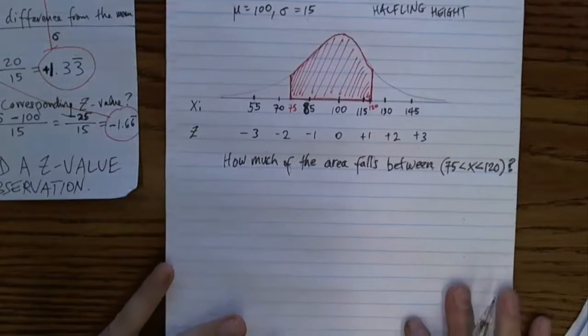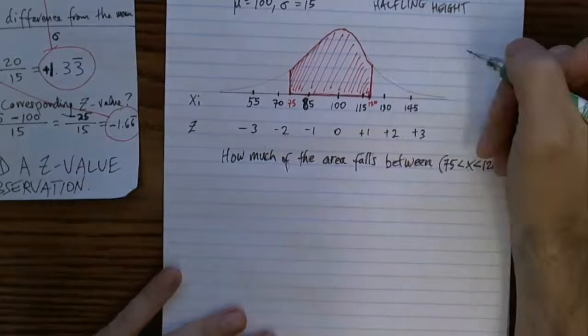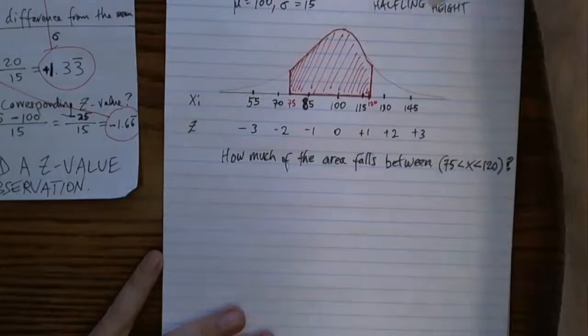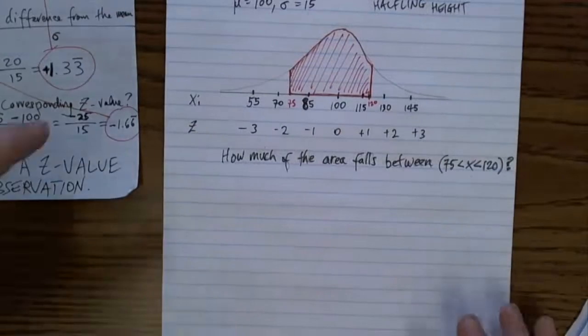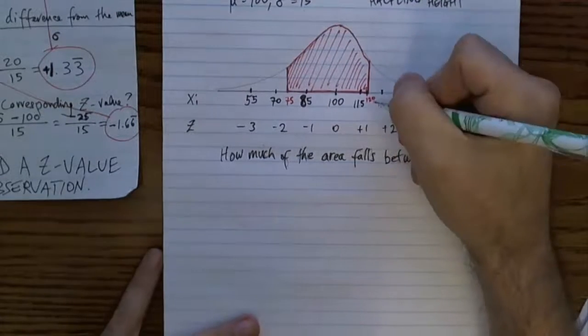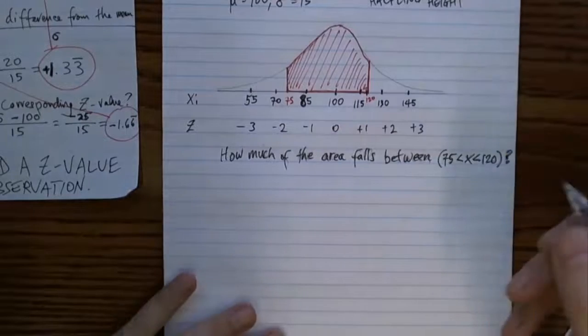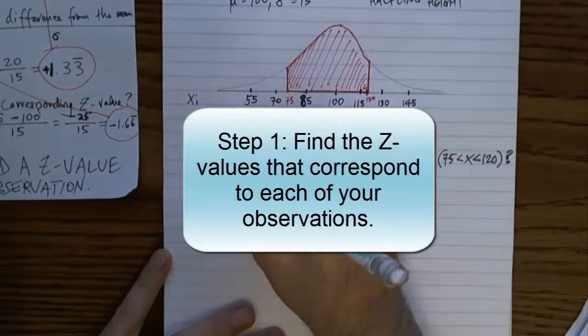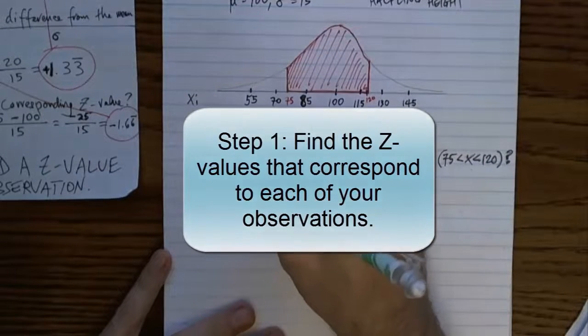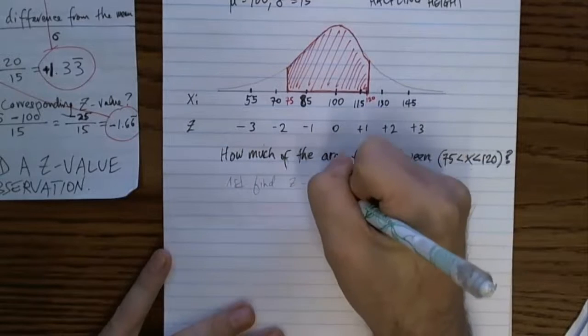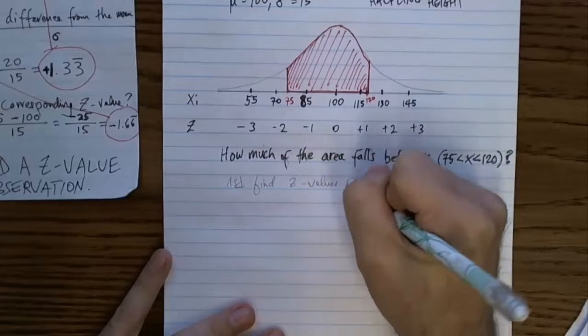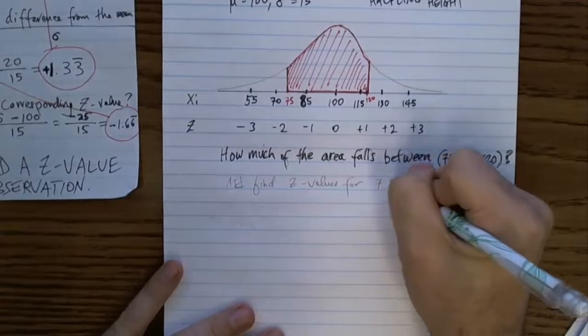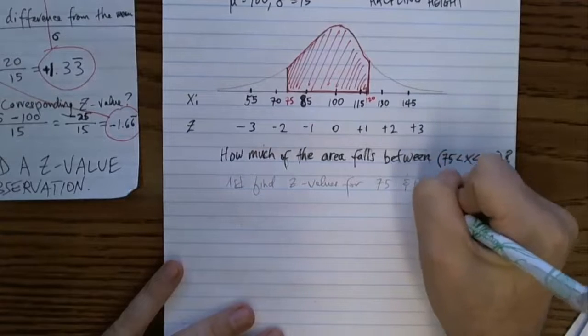Well, there's a few ways that we can do this. But fundamentally, they all kind of revolve around this notion that first you would find the z-values for 75 and for 120.